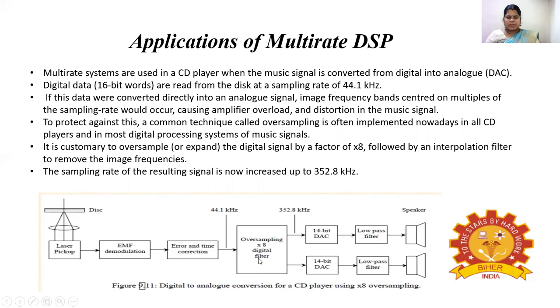The digital filter contains the interpolation filter in order to remove the image frequencies. Here the sampling rate of the signal is now increased up to 352.8 kHz. This digital signal is converted into an analog signal by a D to A converter, and before the speaker, it then passes through the low pass filter.